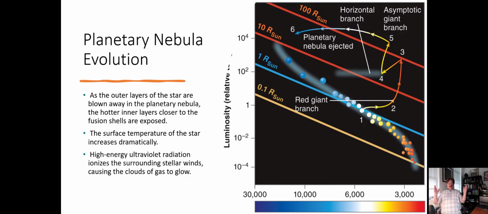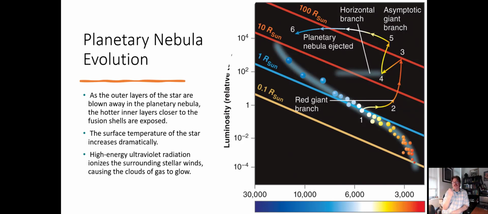Now, as this process occurs, as this material gets ejected out into space, it's going to move across the HR diagram. Again, these are very luminous objects, but their luminosity is going to stay rather constant. And they will move very quickly across the top of the HR diagram, and they will also heat up. The reason why they heat up is as the planetary nebula moves away, it essentially uncovers that proto-white dwarf at the very center.